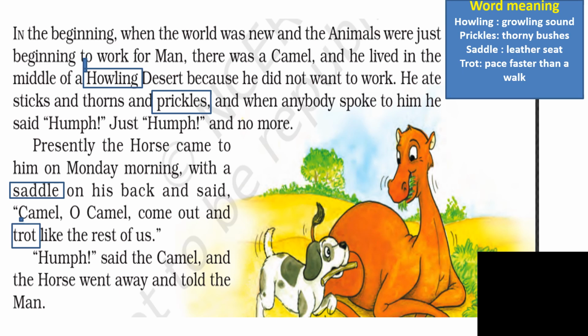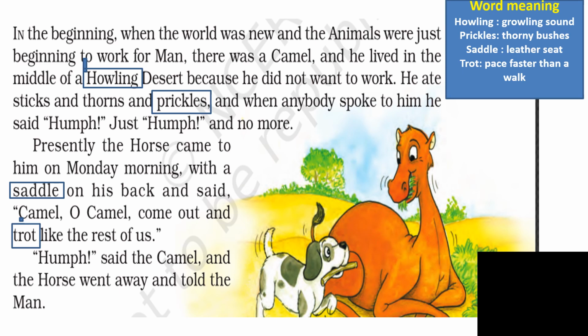Students, all the animals were at their work, and they began their work from Monday to Saturday. On Monday morning, the horse was trotting. The meaning of trotting is a pace faster than a walk, and the meaning of saddle is a leather seat. The horse came to the camel on Monday morning with a saddle on his back, and he asked the camel to come out and trot like the other horses.